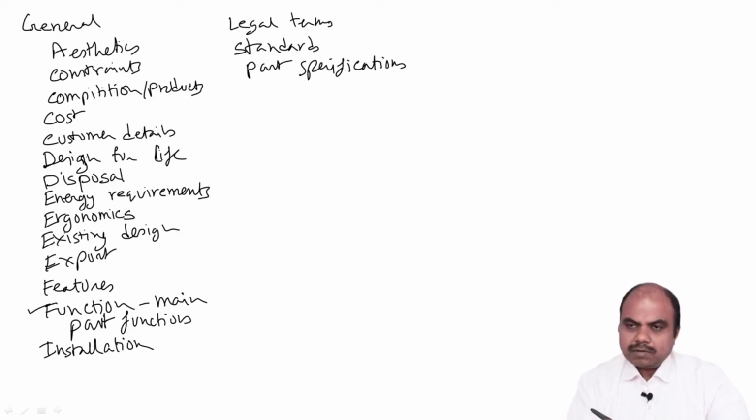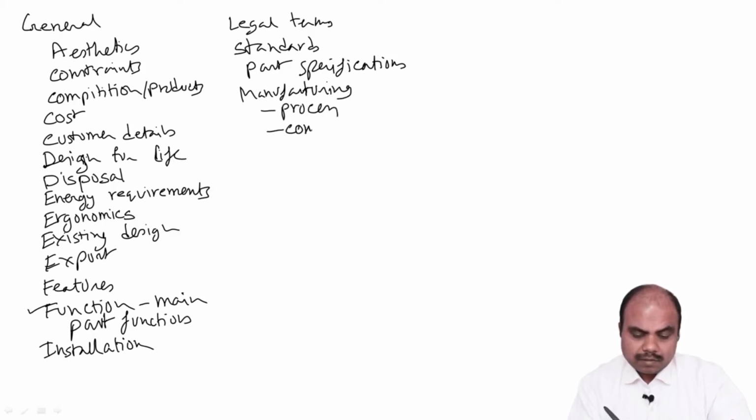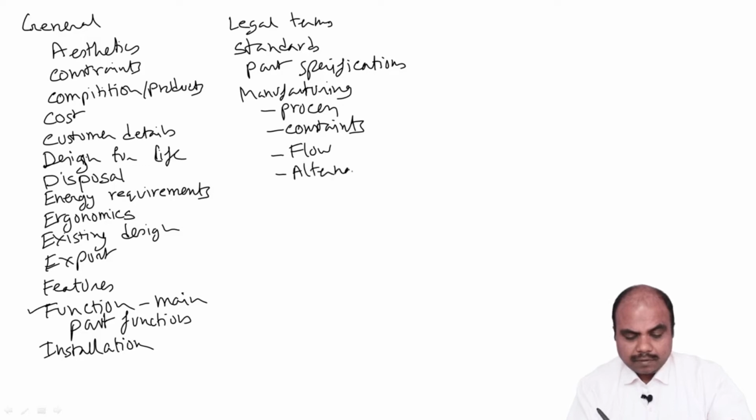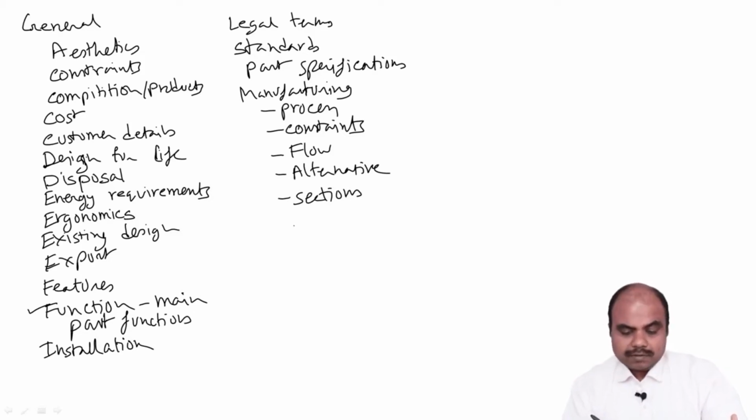We can also add manufacturing, process, constraints, then flow, then alternative, then sections to be used, and several others we can add.